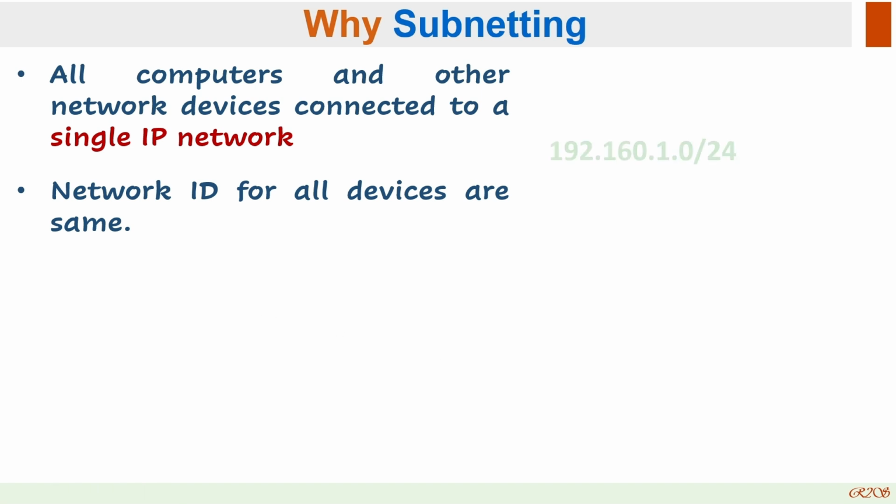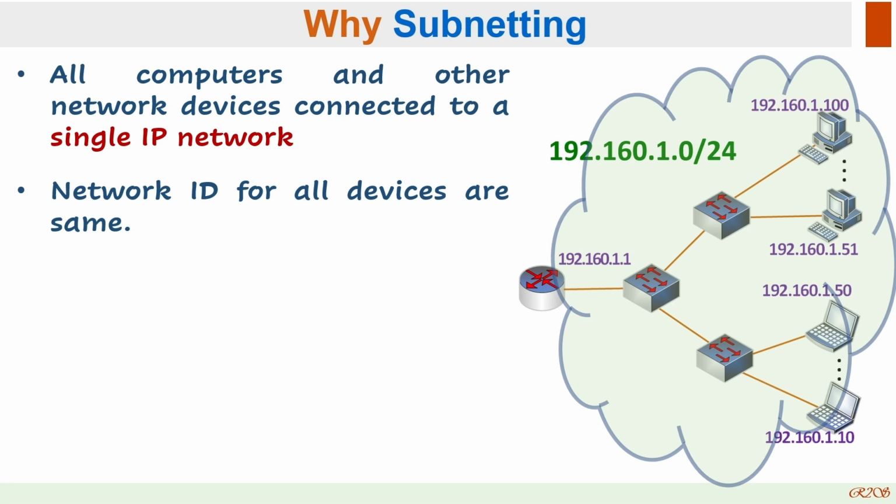For example, if you consider 192.160.1.0/24 a network ID, that means within this network we have all the devices connected, and all of these devices are in the same network.